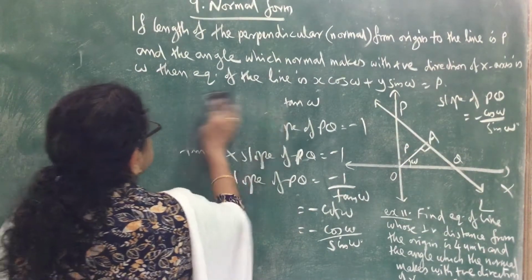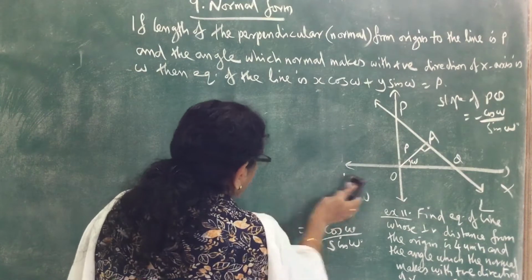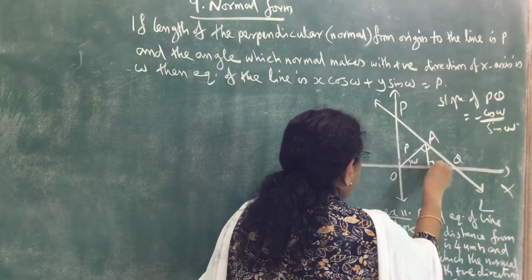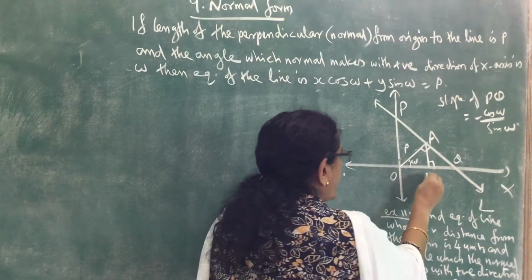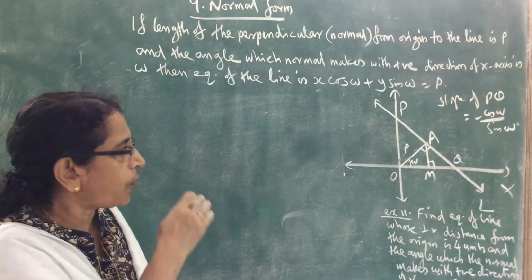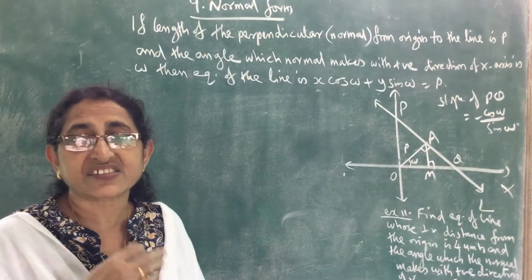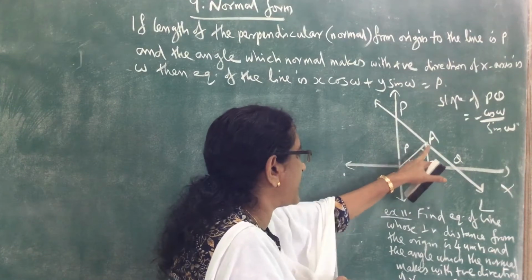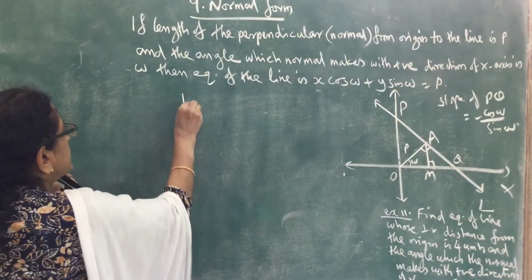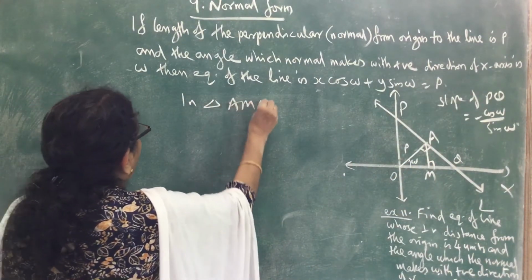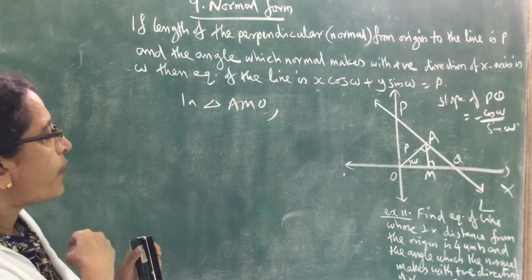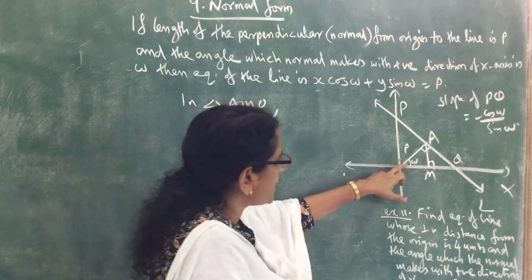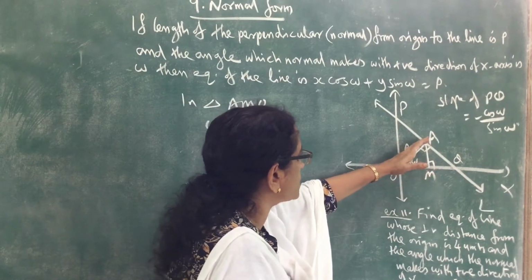So for that, to find the coordinates of A, we have to draw a perpendicular from A to the x-axis. Let this be M, OM. So OM and AM give the x coordinate and y coordinate of A. So from A, if you draw perpendicular AM, consider triangle AMO. What is cos omega? Cos omega equal to adjacent side by hypotenuse.